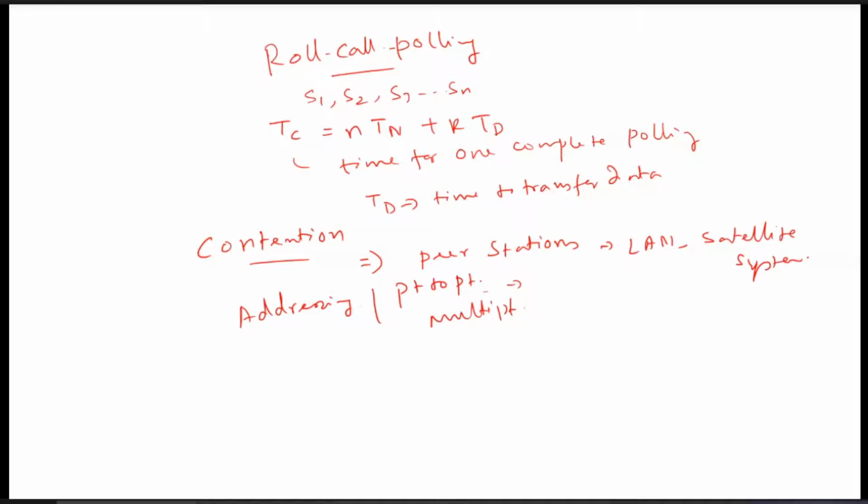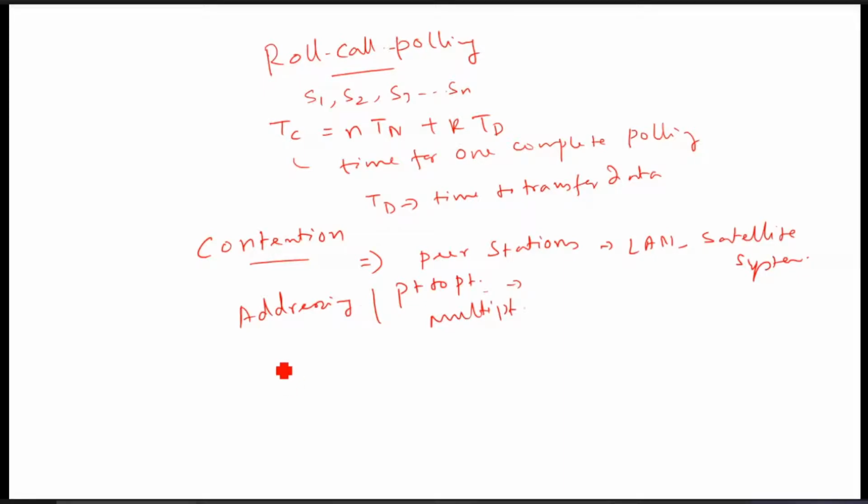Multi-point can be of two types. Where contention discipline is used, transmitter and receiver should be identified, and in roll call polling, one address is required to identify the secondary. So these are the disciplines you must keep in mind.